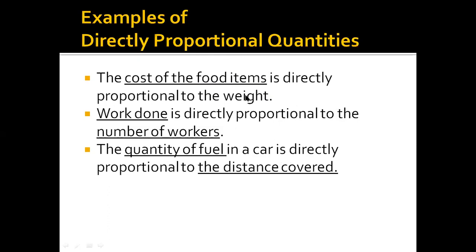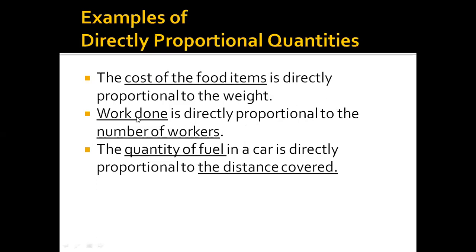Then the weight of the food items will decrease, and due to this decrease in the weight, the cost of the food items will decrease. So you can see clearly that an increase in one quantity is causing an increase in the other, and a decrease in one quantity is causing a decrease in the second quantity. So they are directly proportional to each other.